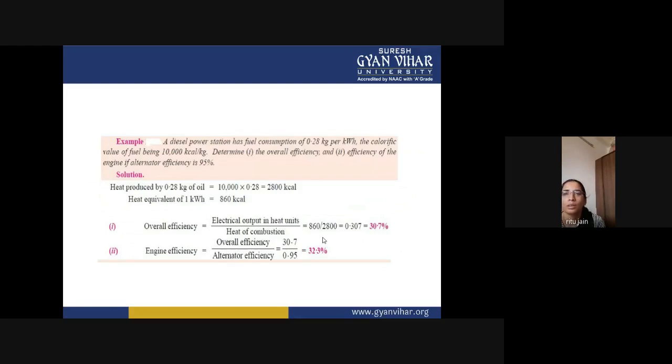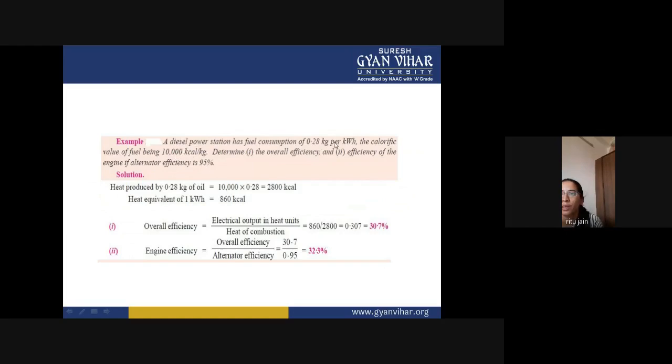So the diesel power station has fuel consumption of 0.28 kilogram per kilowatt hour. Okay. So the heat produced by this much oil, and the calorific value is given as 10,000 kilocalorie per kilogram.